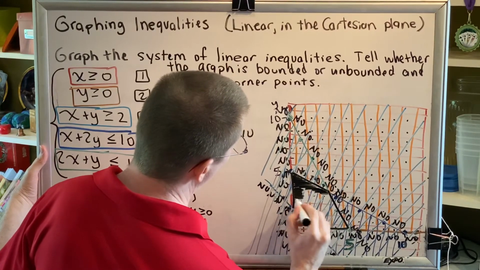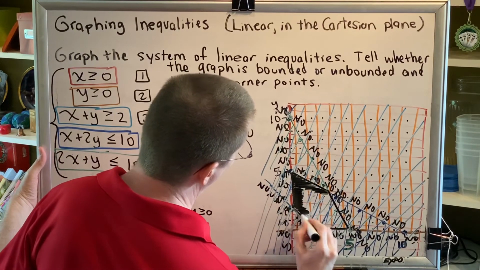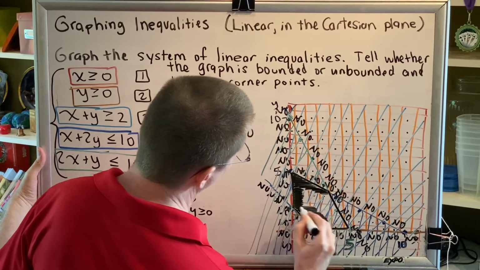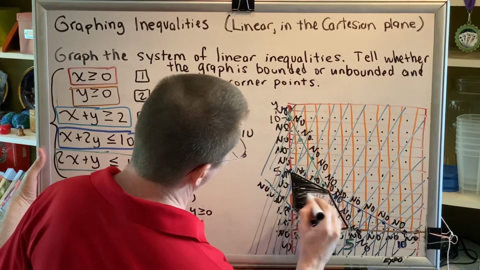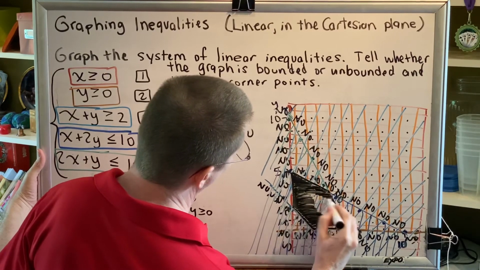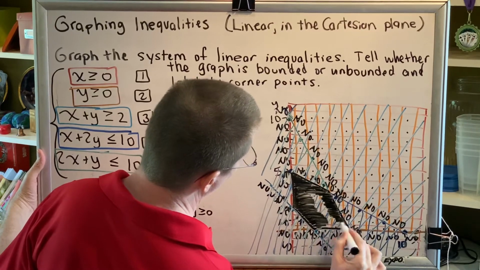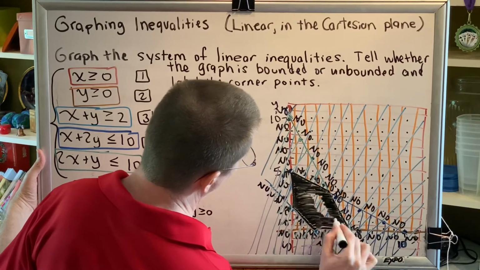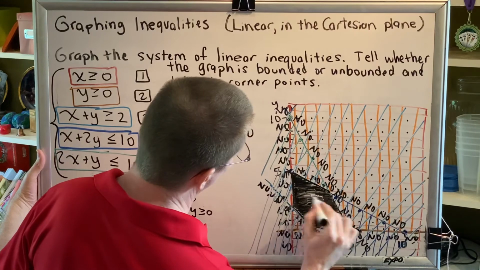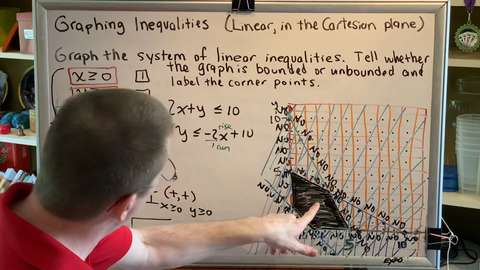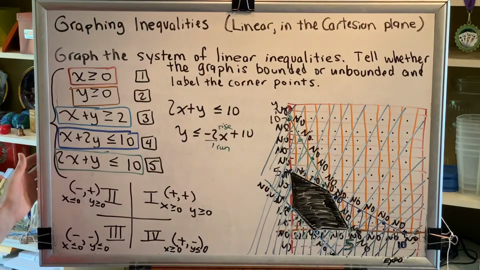This is our solution region. And when you are entering this in your software application, this is the spot where you want to color in to create your final answer.